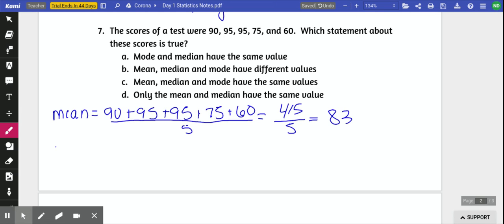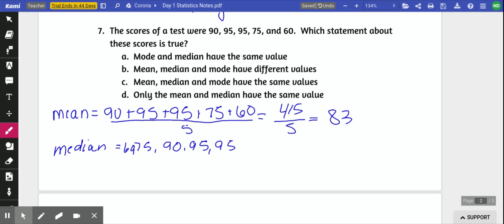Next, I'm going to find my median. Again, for the median, we're finding the middle number, so be sure to put your numbers in order from least to greatest. So my smallest number here is 75, then 90, then 95, then 95 again. Whoops, I forgot 60. That comes first. So 60 would go first.